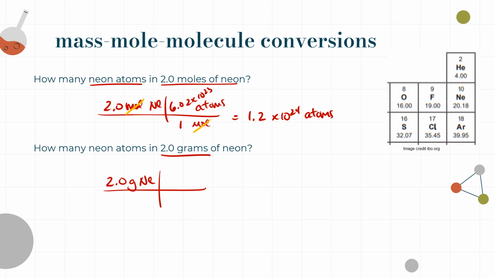But what we do have is our periodic table that tells us that 1 mole of neon is equal to 20.18 grams. So we're going to get rid of our grams, put grams on the bottom with our 20.18, and we know that this 20.18 grams of neon is equal to 1 mole of neon, because this is the molar mass in grams per mole.